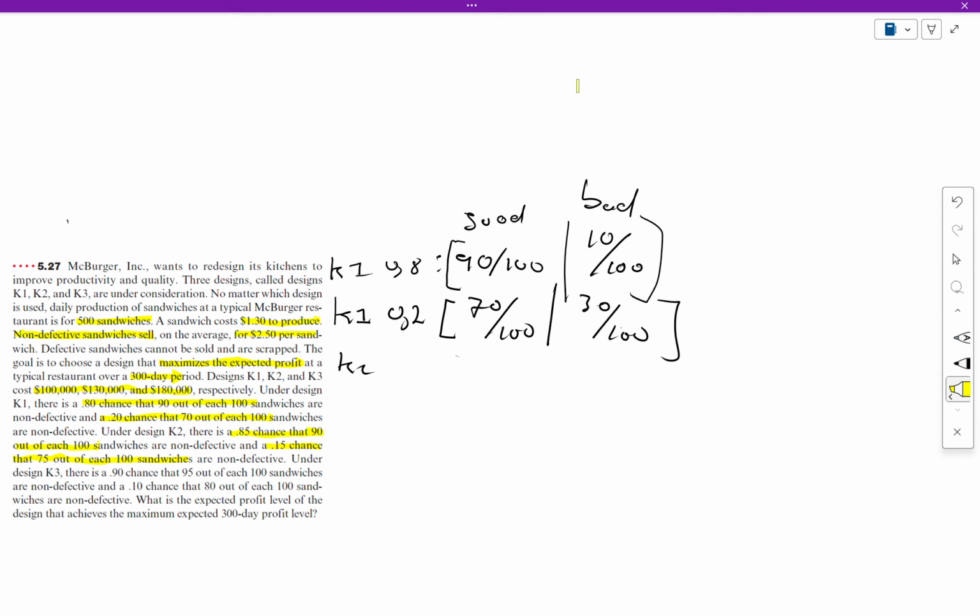So let's do this one first. K2, then we have the 0.85 that has 90 that are good and has how many? 10 that are bad.